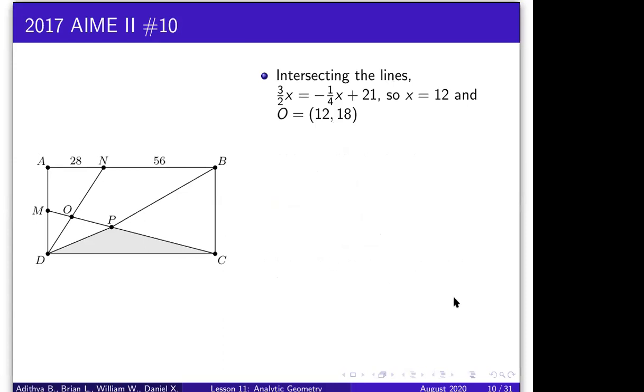So now we have O, we have all four coordinates of the quadrilateral BCON. So we can compute its area. So what should we do to compute its area? Yeah, shoelace is a good idea, but we can actually be a bit more clever here. Note that BCON is actually the trapezoid BCDN minus the triangle ODC.